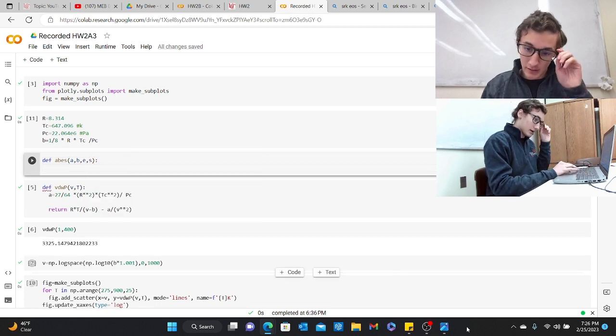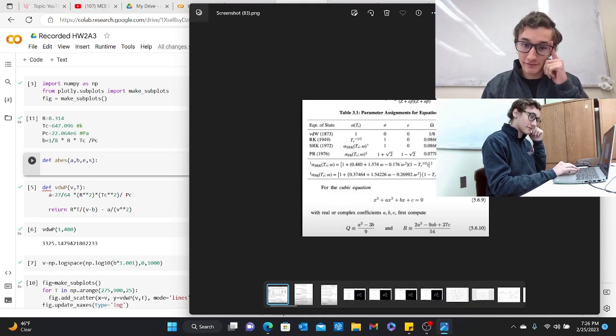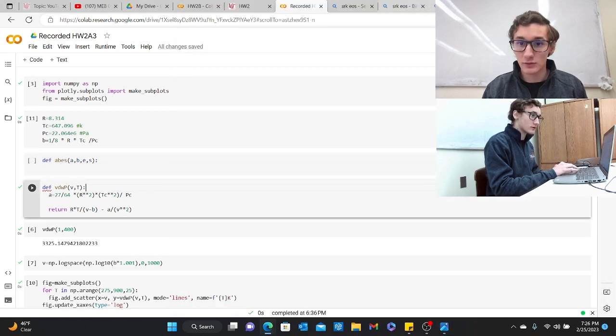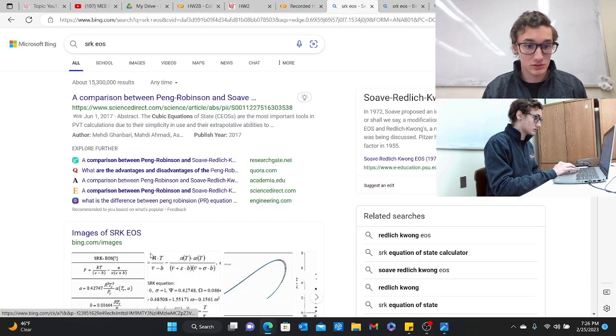So I have this picture here, which gives us a lot of different information, but I want us to remember the actual equation for the van der Waals equation of state, which I actually don't have pulled up real quick.